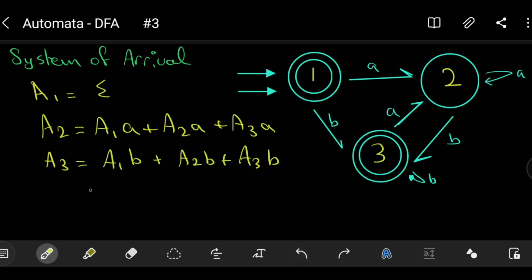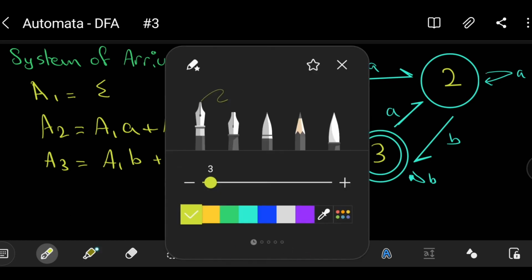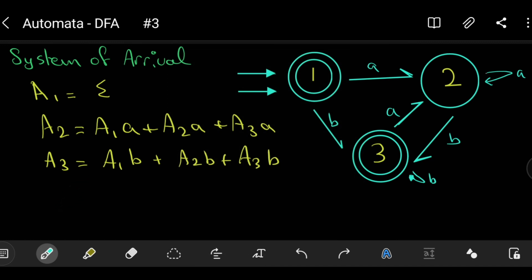Now, we have here 2 final states. Okay, guys, we have 2 final states. So, it's very important to notice that L equal to A1 plus A3.